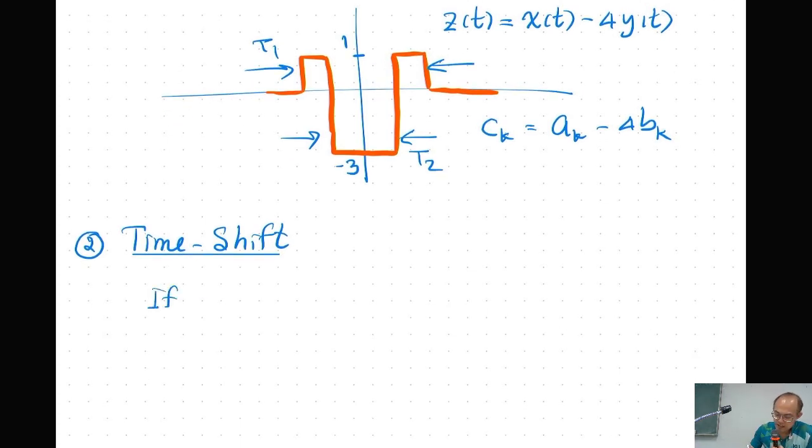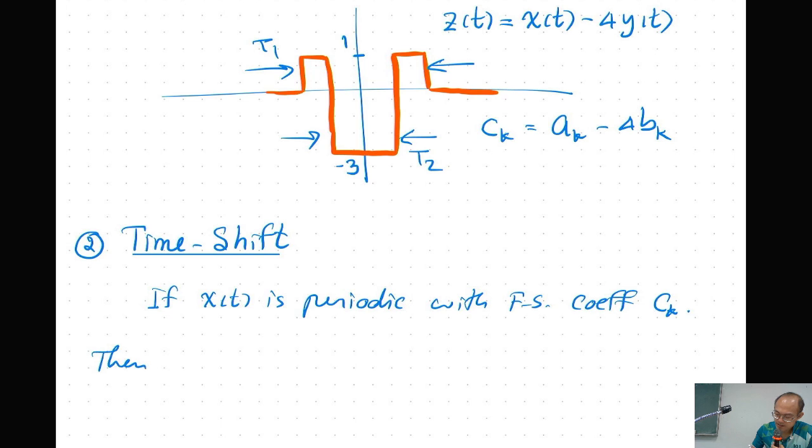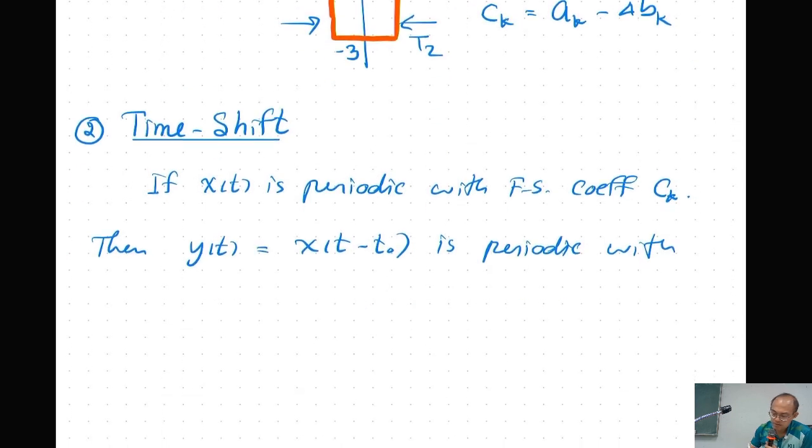If x is periodic with Fourier series coefficient, let's say c_k, then y(t), which is x(t minus t0), y(t) is x shifted by t0, is periodic with Fourier series coefficient, let's call it d, to avoid confusion. d equal to c_k e to the negative j k omega 0 t0.